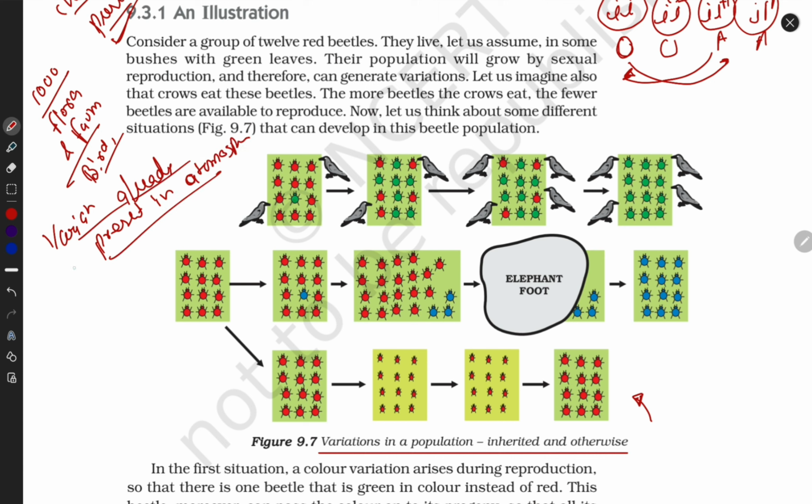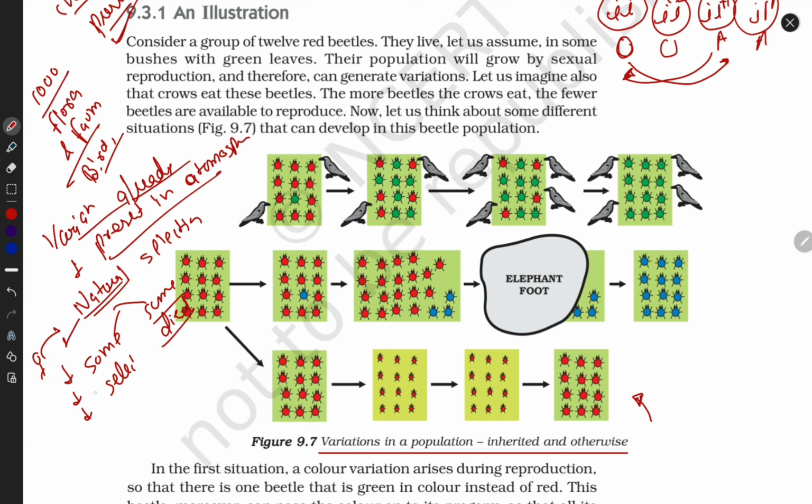But according to natural selection, some are selected and some die. How do they die? If nature selects, then the female chooses them and they produce progeny. If they don't have an advantageous character, then the female can't choose them, there are no offspring, and one day they will go extinct.